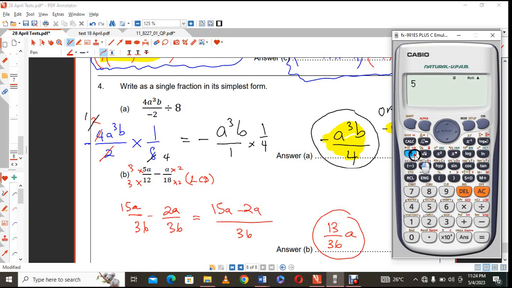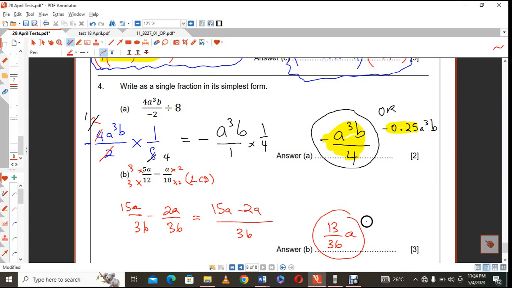So let me take that fraction, and I'm not going to include the a's. So it's 5 upon 12, take away 1, I'm just doing coefficients there, over 18. You see, you will get 13 over 36. Can you see that? 13 over 36. But of course, I had my a's there. So 13a over 36, or 13a over 36, as long as this a is not part of the denominator.